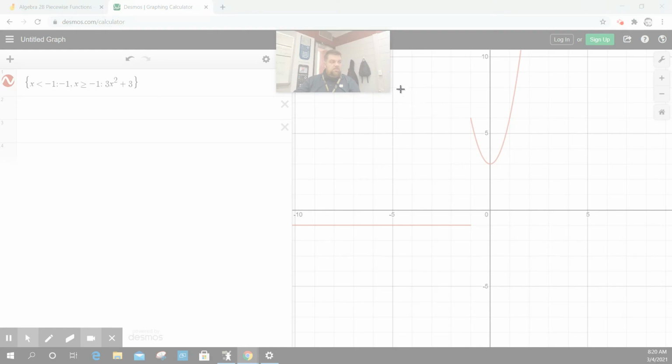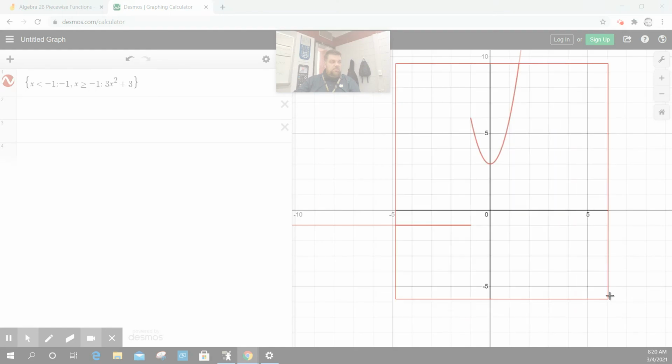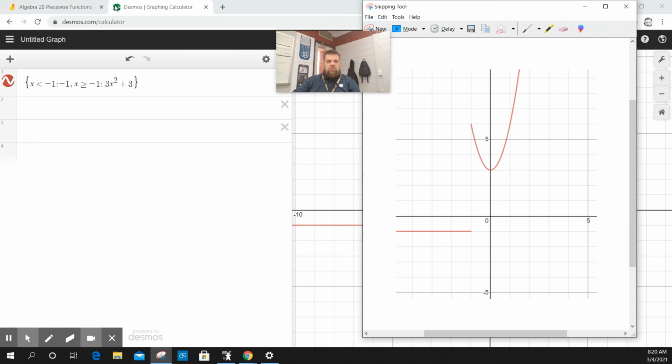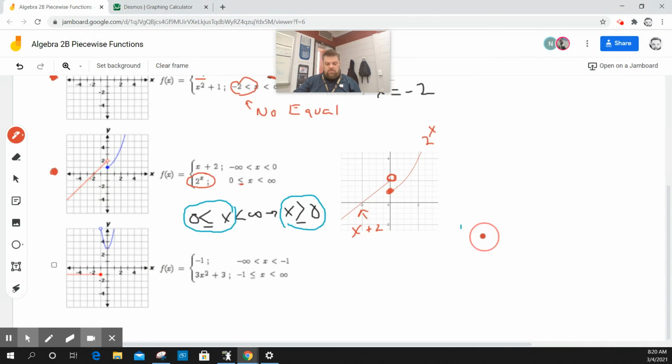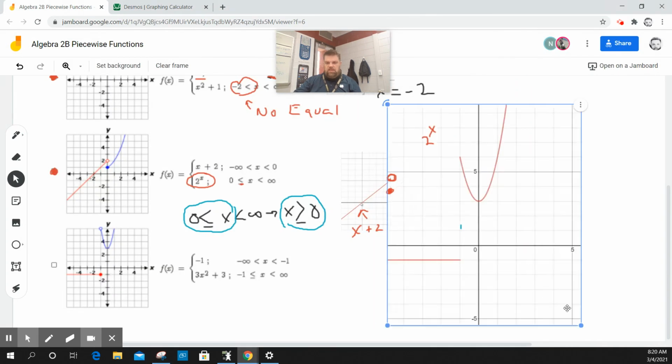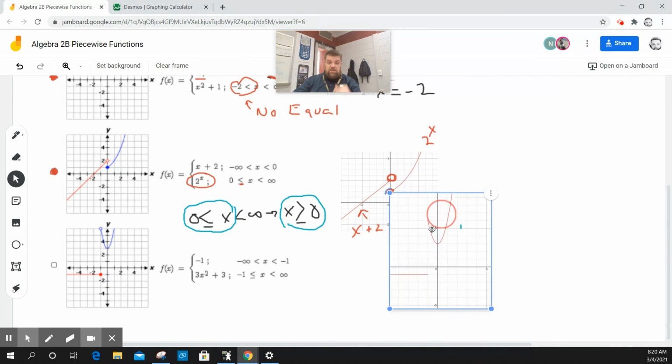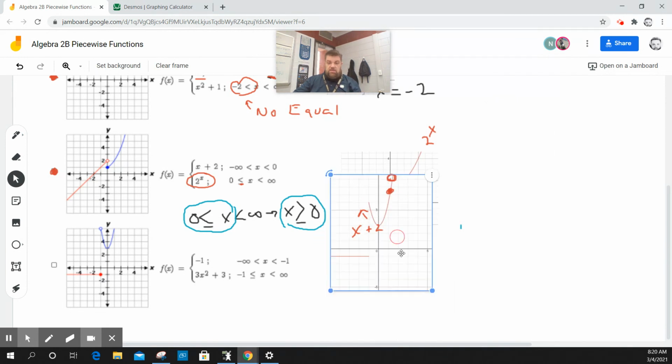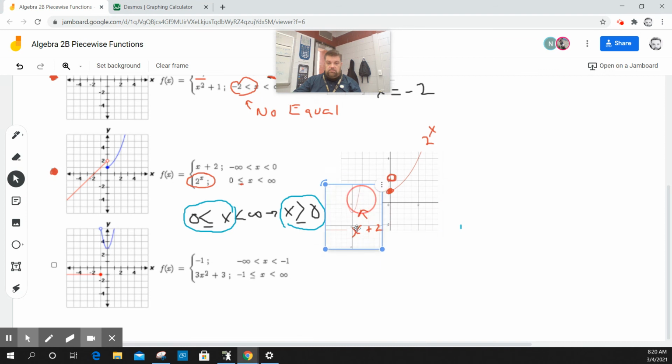So what we have to decide is where is the closed circle going to go? That's the only way we can tell what the answer is. So we're going to go with where the equal sign is in the inequality, because that means we're including it.